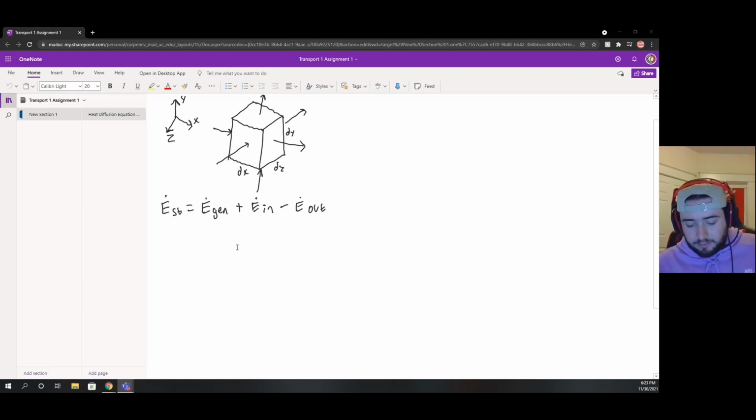From this equation, we're going to break down every term and piece everything together, and it'll all make sense in the end.